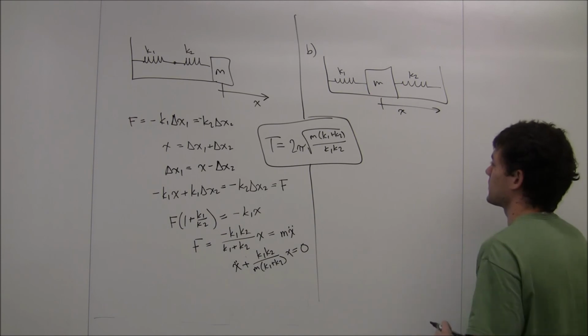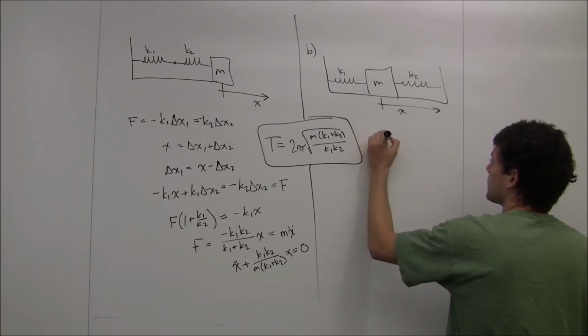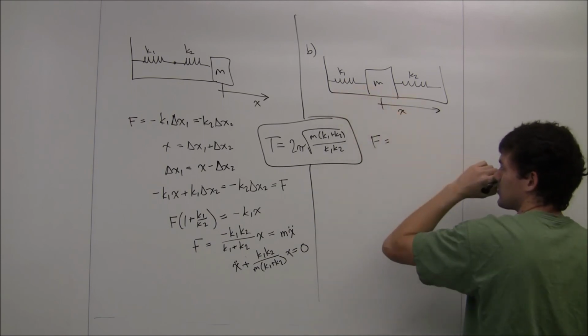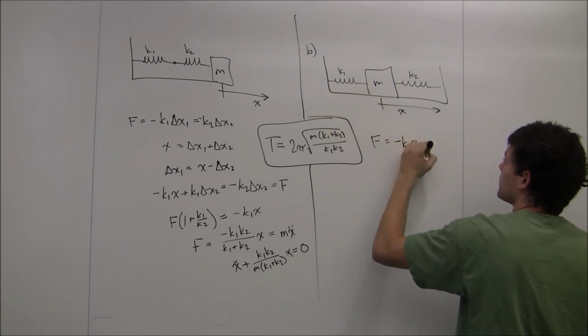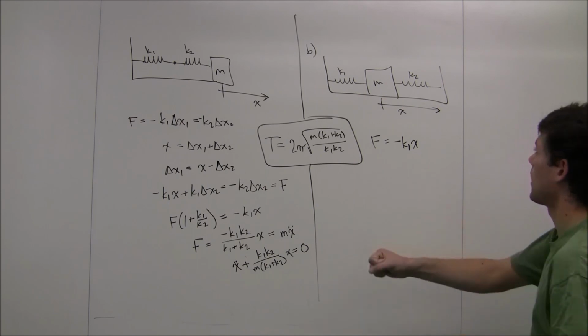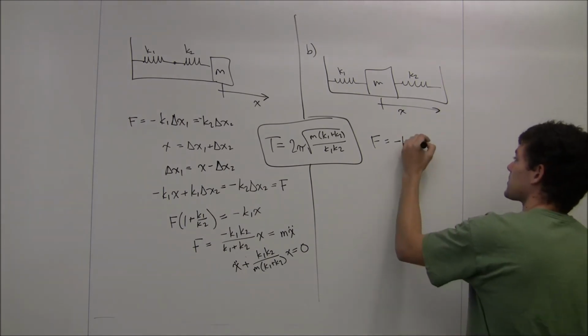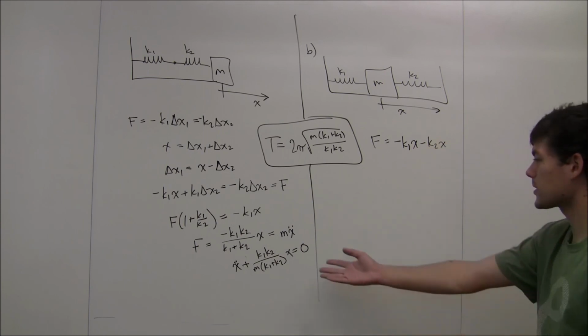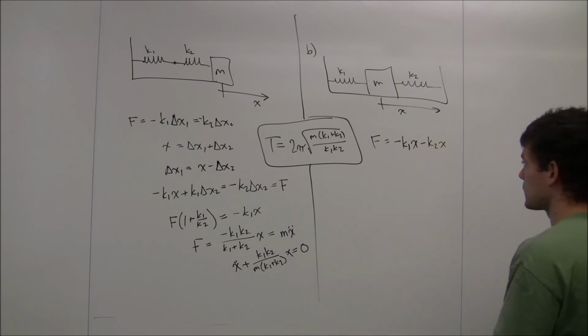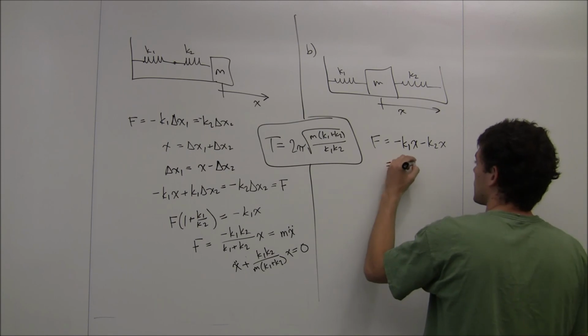If this block is displaced a distance x, the force on it is going to be minus k1x, because this spring will pull it back in the opposite direction. And then this other spring will push it back in the opposite direction. So minus k1x minus k2x. So then we can do exactly the same calculation we did down here. This is equal to m x double dot.